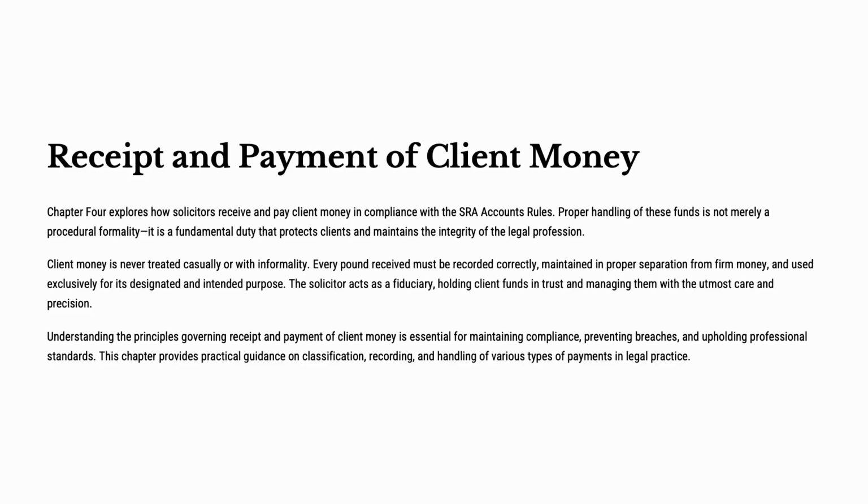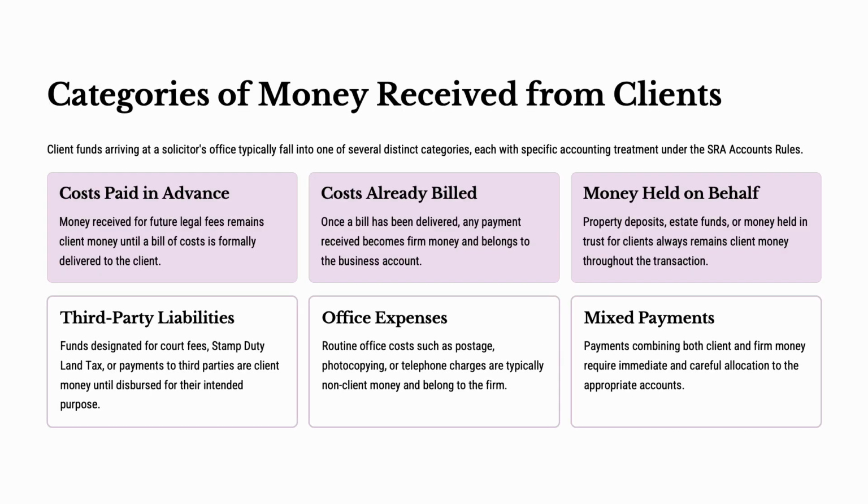By the end of this session, you shall know exactly how to record every receipt and payment and why each entry matters. So, categories. Client funds generally fall into four different categories. Costs paid in advance are considered client money until billed. Costs already billed become the firm's money.